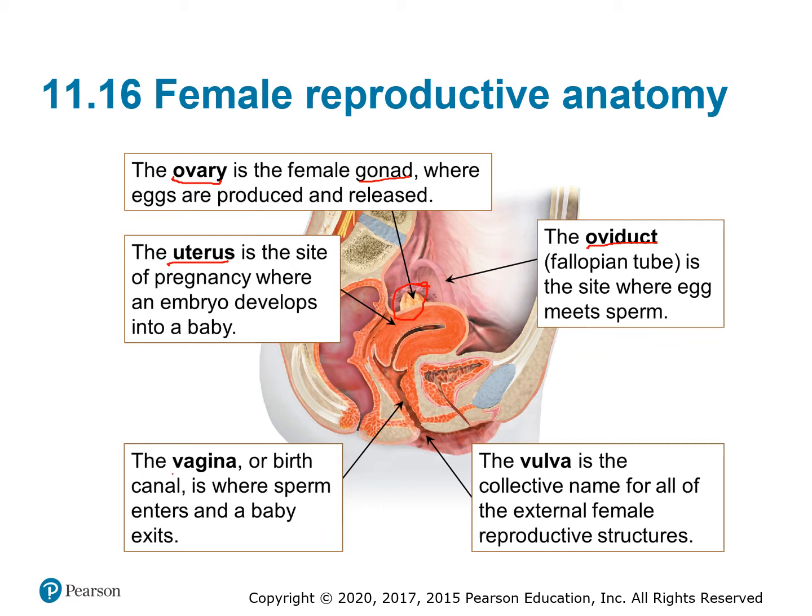Now the vagina or birth canal is where the sperm enters and the baby exits, and that's kind of right in here. And then the vulva is the collective name for all the external female reproductive structures.